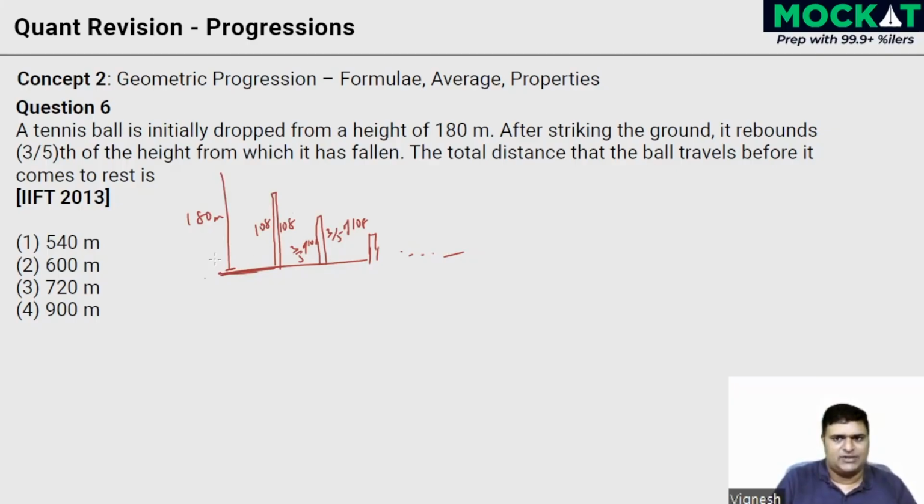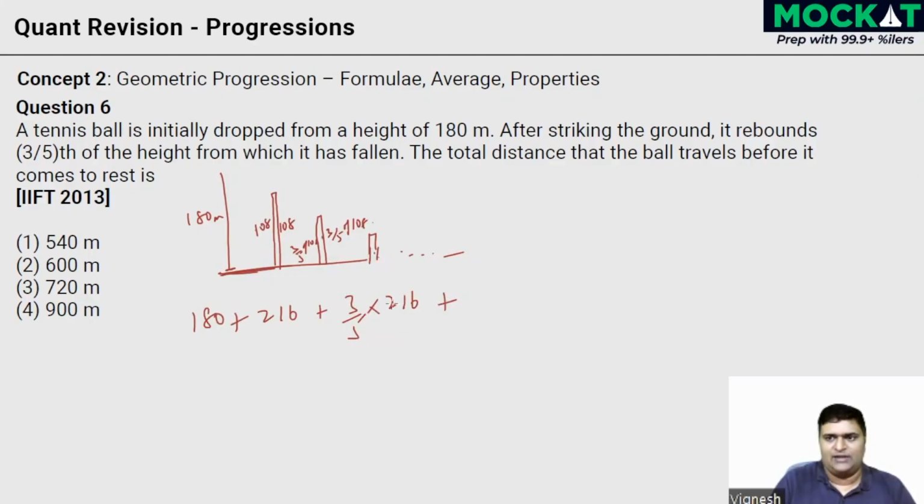So what is this sum we need to find? We need to find 180 plus 108 plus 108, which is 216, plus 3/5 of 108 plus 3/5 of 108. That is 3/5 of 108 plus 108, which is 216, plus 3/5 of this total.